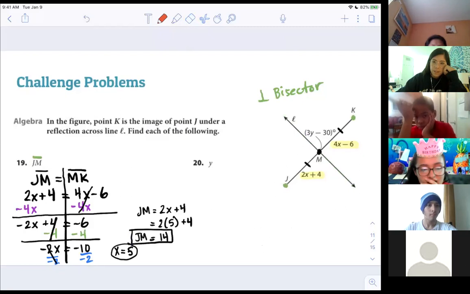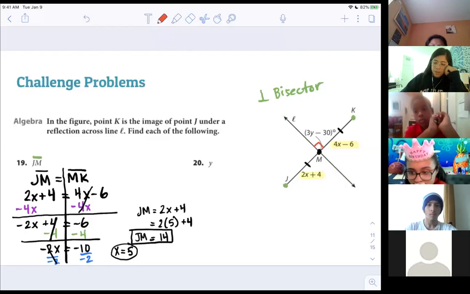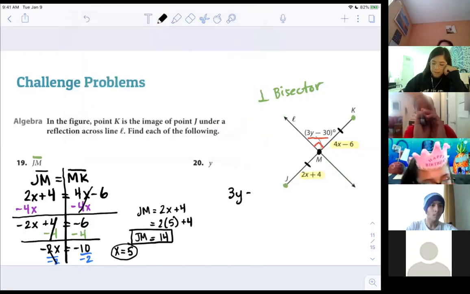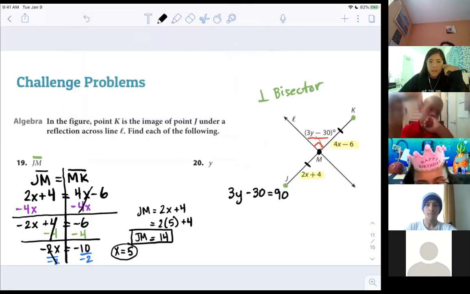We know they're perpendicular, so it's a right angle, 90 degrees. So this 3y minus 30 has to be equal to 90. So we can solve for y and get our final answer.